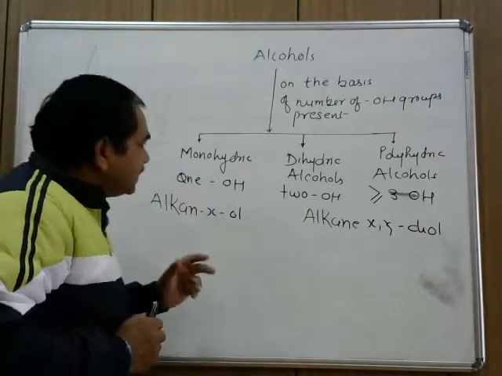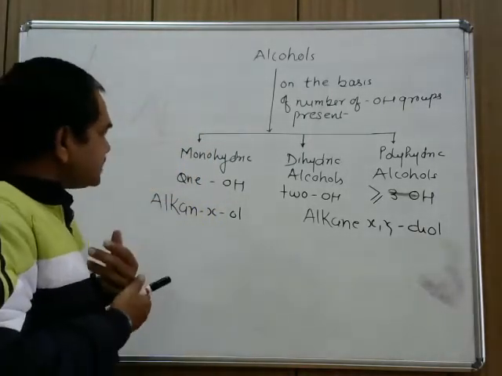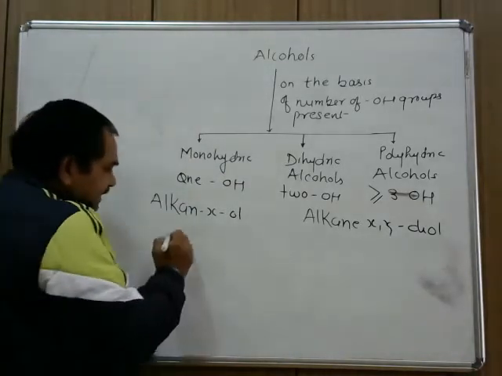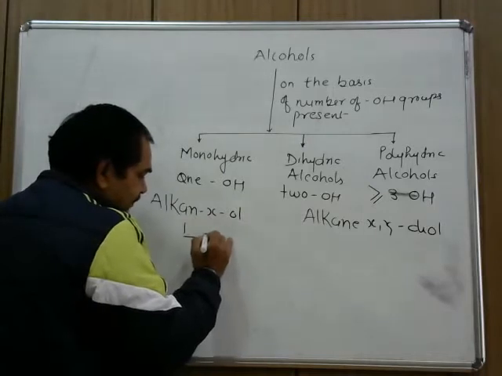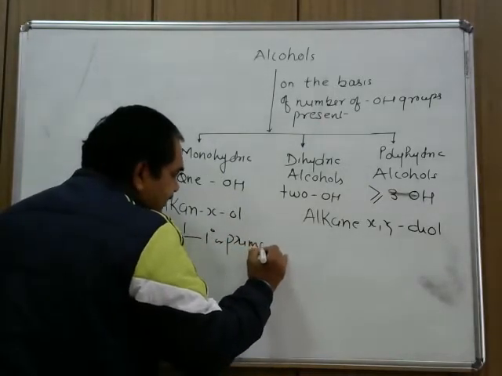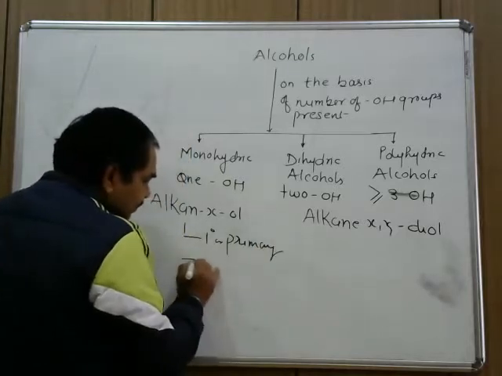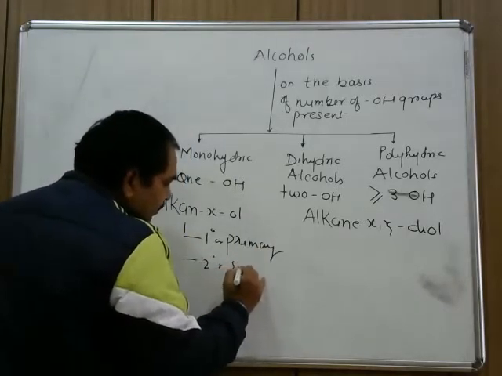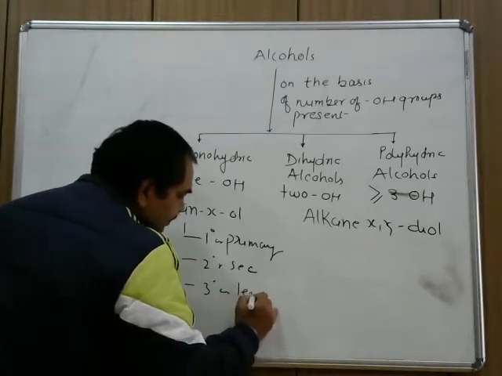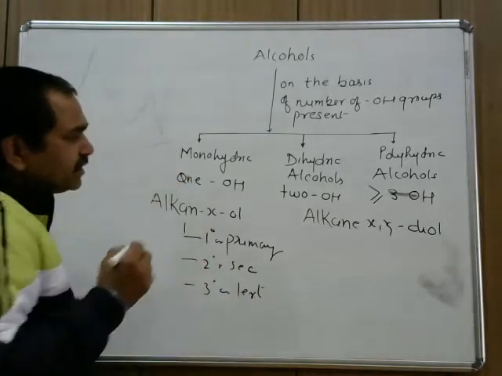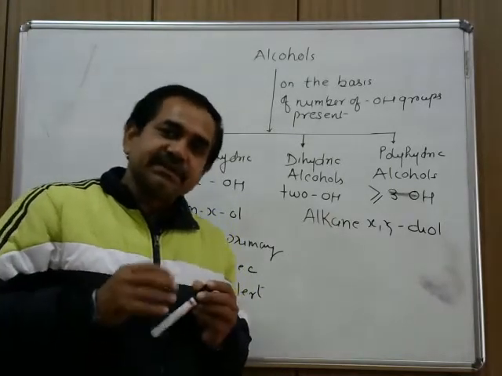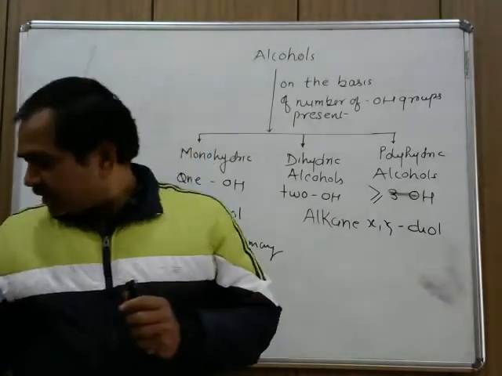Now when we come to the alcohols, these monohydric alcohols are themselves classified as 1 degree or primary, 2 degree or secondary, and 3 degree or tertiary. But here we confine ourselves only to the naming.